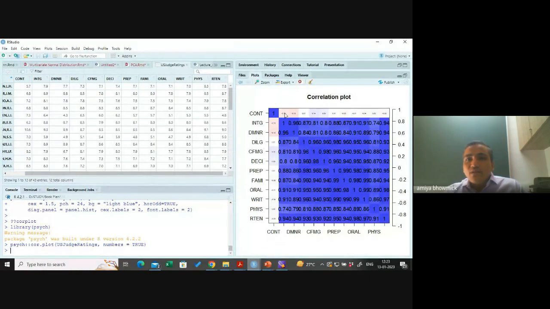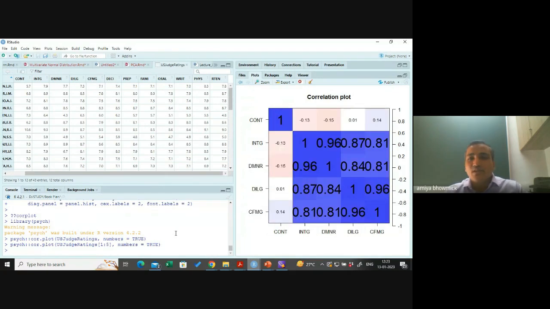Some points are very small, some are very big. That means what? This will be more clear to you. Say for example, I am taking only the first 5. When correlation is small, the size of the number is also small. When the correlation is high, the size of the number is also very high.